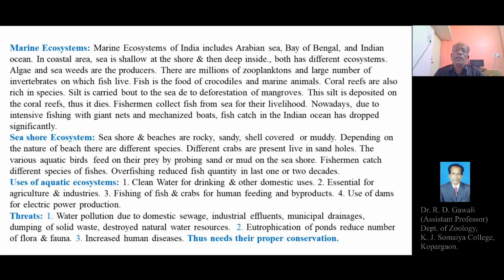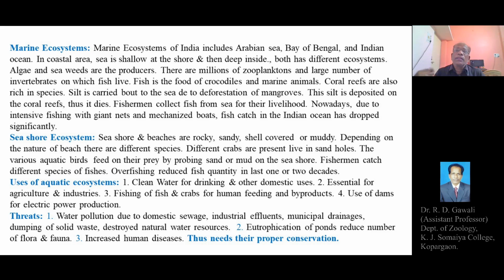Whatever the freshwater aquatic resources, that is, inland aquatic water resources such as rivers, streams, lakes, ponds, jhels, and dams, these are the inland freshwater resources that are also called freshwater ecosystems.